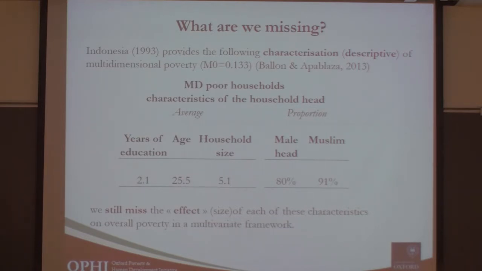So we need a technique, something that can put together this information in a single framework, but at the same time can also account for the effect or the size of each of these variables when explaining M0. So we need regression. This is essentially the intuition. Whenever we move from the descriptive world, which is already rich, as we have summarized, we need something else.